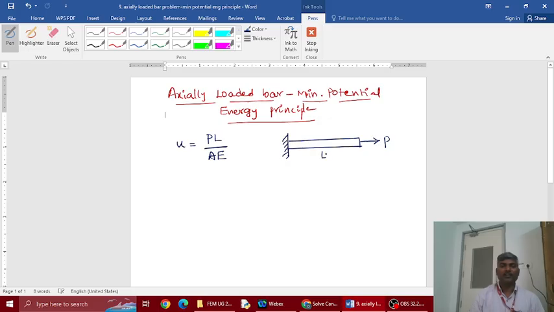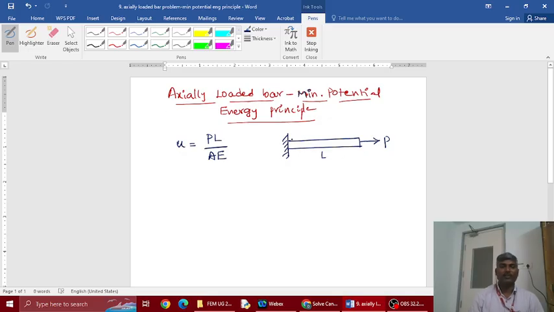So now let us see how you derive the same formula both from the fundamental stress strain relation as well as the minimum potential energy principle. This is the simplest case, so you can understand how you apply the minimum potential energy principle.